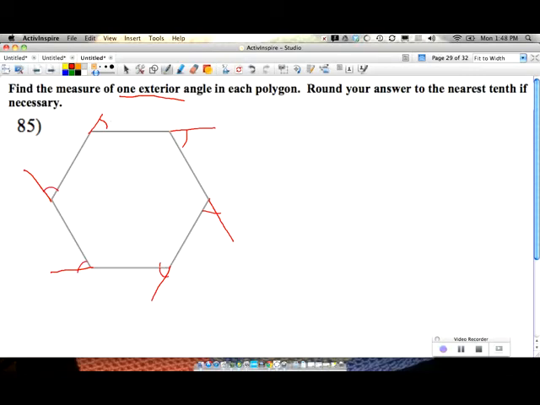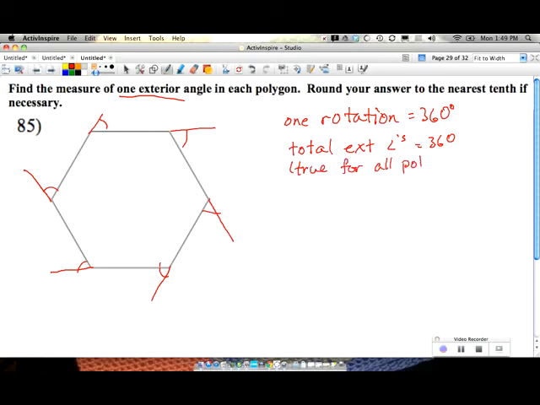That means that the total of the exterior angles is equal to 360. And this is true for all polygons that are convex, of course, all regular polygons as well. Okay, so then if I'm finding one, I just got to figure out how many there were to start with. Well, it looks like I have 1, 2, 3, 4, 5, and 6.